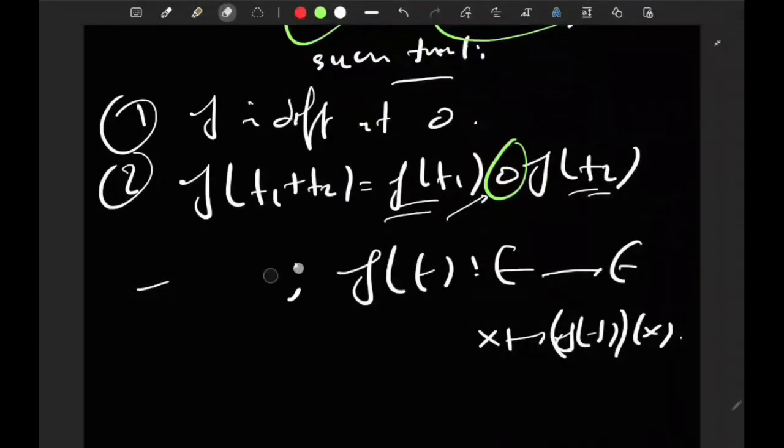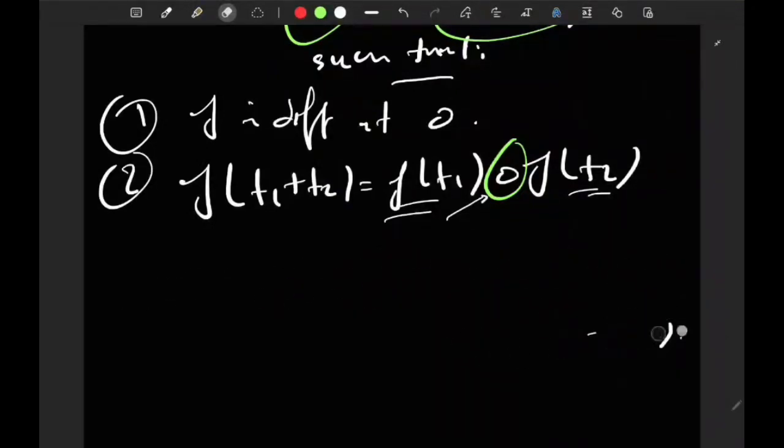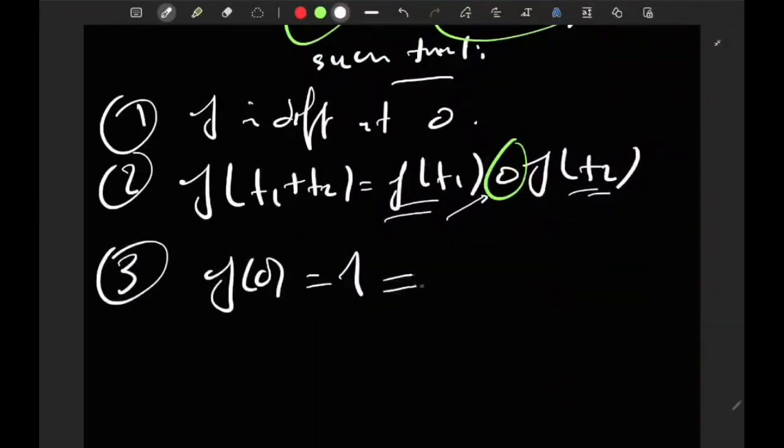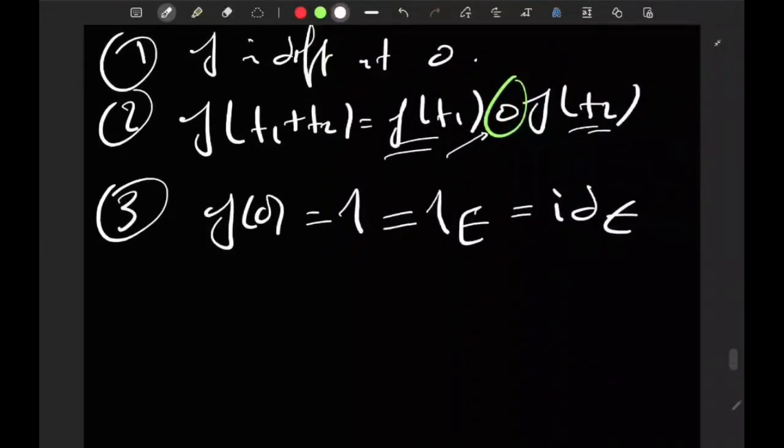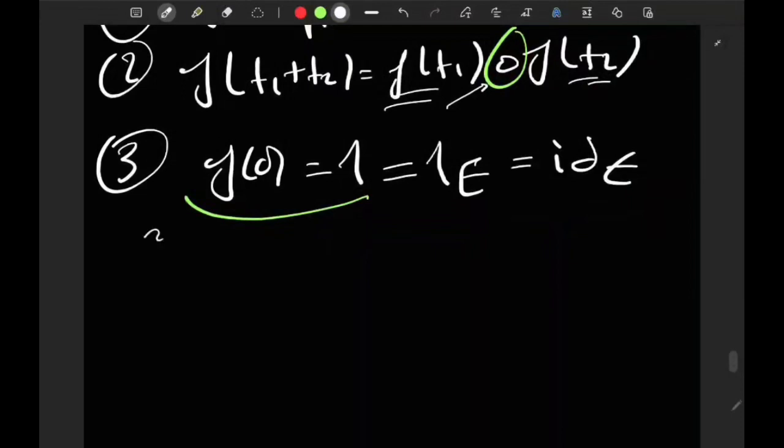So let me just delete this. And the third assumption of ours, the third condition, is that f of 0 equals 1, or if you want, the identity of E, whichever way you want to call it. I'm just going to use the notation f of 0 equals 1. So this is the given.